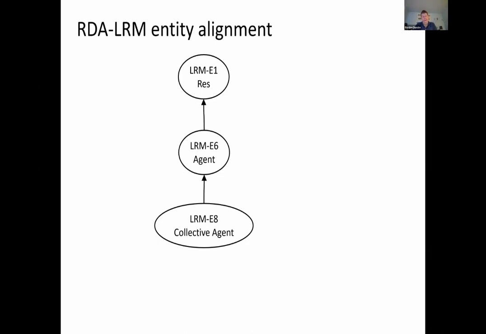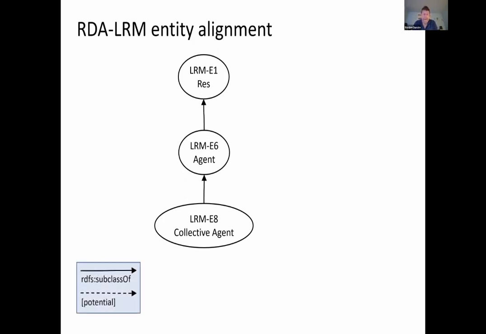So this is the entity hierarchy for the agent entity in the LRM. It's in the middle of the hierarchy. It has a higher, broader entity called res, which means anything. And it has a more refined type of agent, subtype, which is called collective agent.